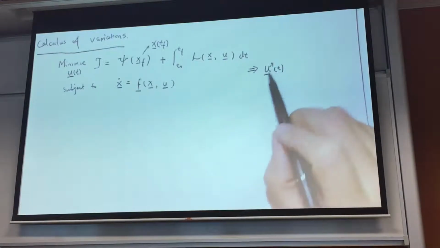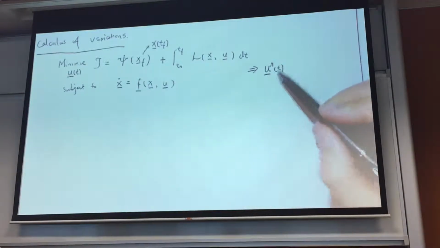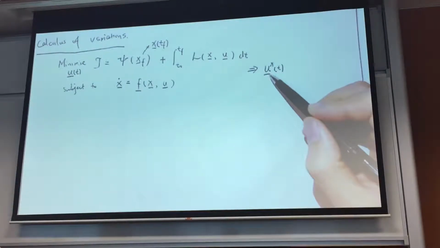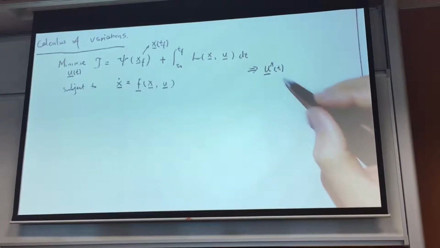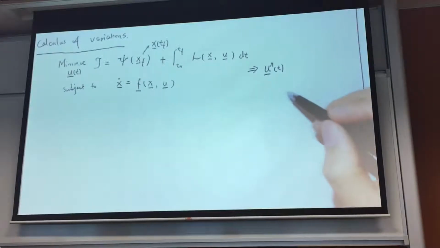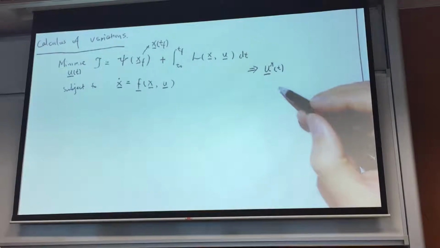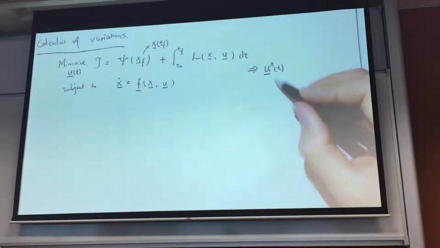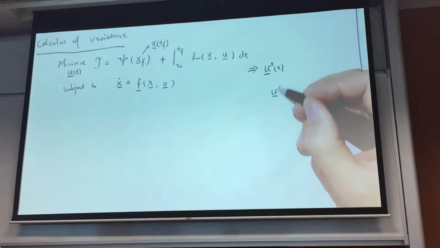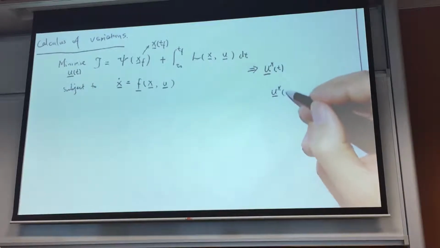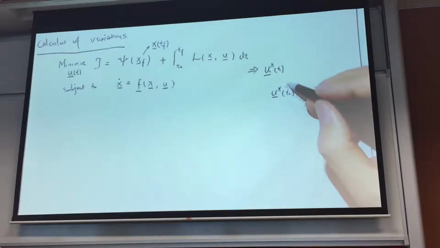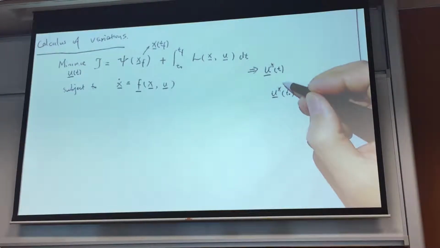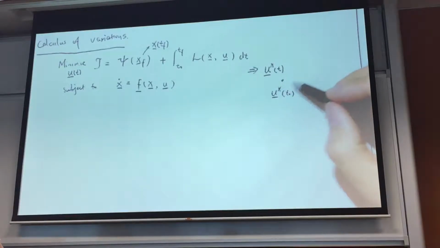So if we plot this u in n-dimensional space, we may get a trajectory. So you may think about it. For example, you have this u star starting from t_0, for example, a point in the n-dimensional space.